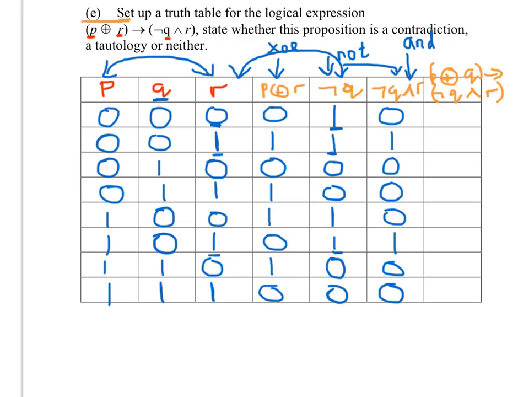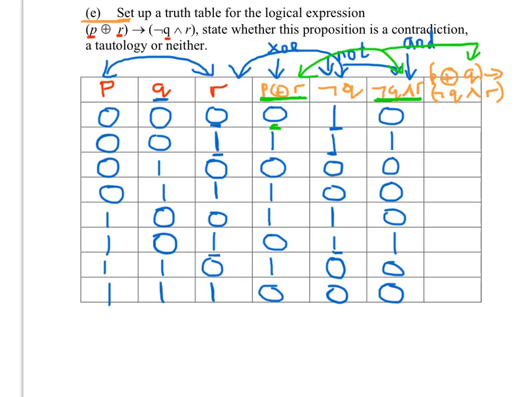Now let me do the final column. To do the final column, I have to take this column here and this column here, and I have to combine the two of them with an implies sign. So I'm doing it in a different color, so hopefully I can see this. So I'm taking them two, and I'm getting this by putting the implies sign in between them. Now, implies is only false in one case, when I have an input of 1, 0.